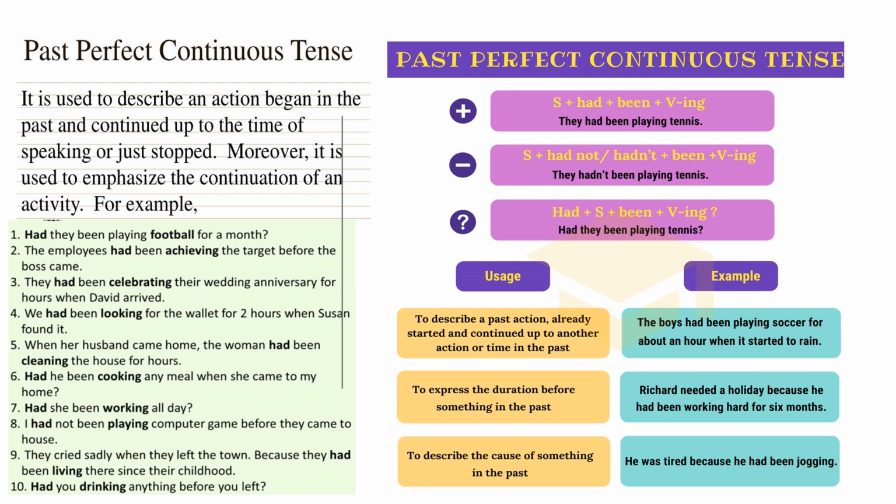Now, let me explain this for you, children. Just to make it very simple, we'll put it across like this. The past perfect continuous tense shows that an action started in the past and continued up until another time in the past.